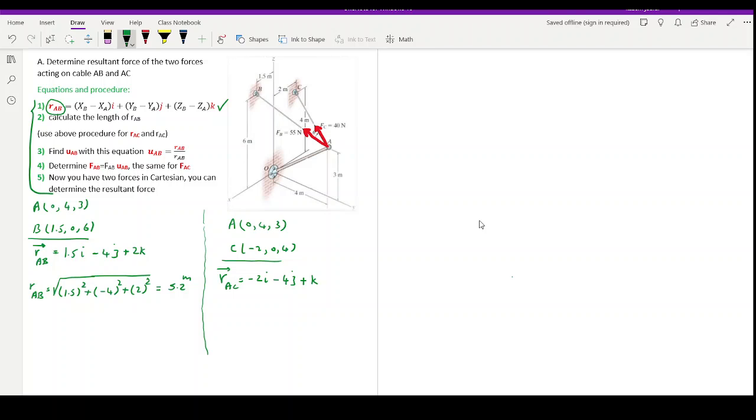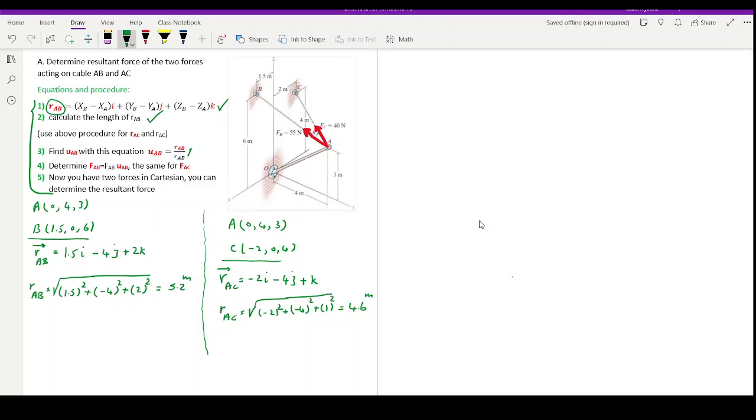And similarly, the magnitude of rAC is going to be the square root of squares: negative 2 squared, negative 4 squared, and 1 squared. And again, extend this to here. If you solve this, you will get 4.6 meters. Now I have solved step 1 and step 2 of this procedure.